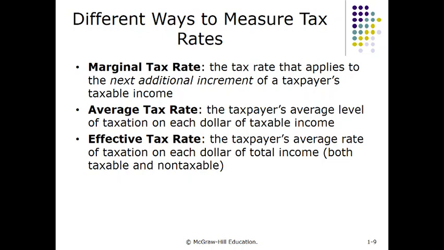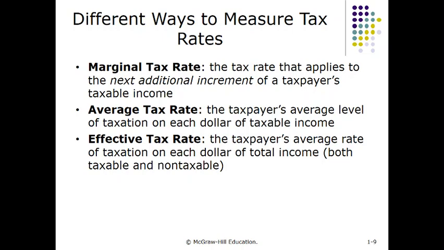Now, we measure tax rates in three different ways. And some of this can help you to better understand the amount that you're paying, how it relates to your overall income.